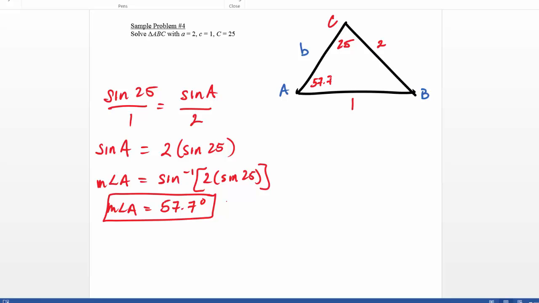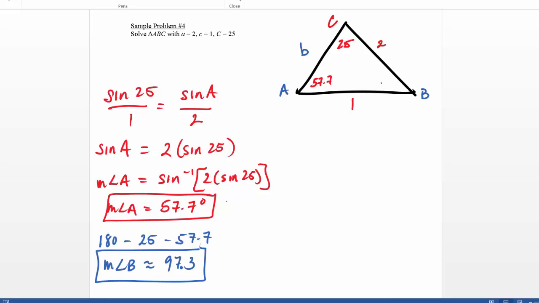And by using that information, we can come up with the measurement of angle B as well through using the internal angle theorem. So I'll go ahead and solve for measure of angle B also. And we come up with a measure of angle B of 97.3 degrees.